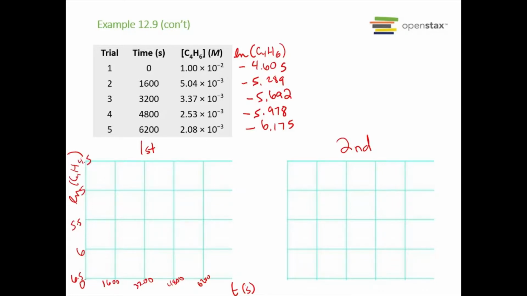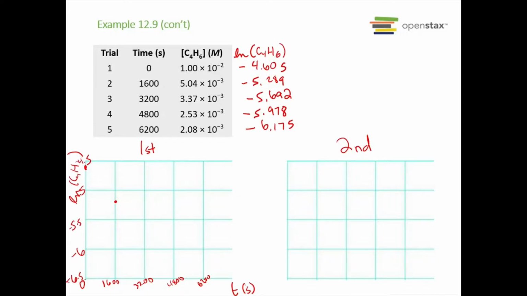Remember, these are negatives. So we're below the x-axis here. All right. At time 0, our natural log of C4H6 is negative 4.605. So that's going to be right around here. And then at time 1600 seconds, we have negative 5.289. So put that right about there.